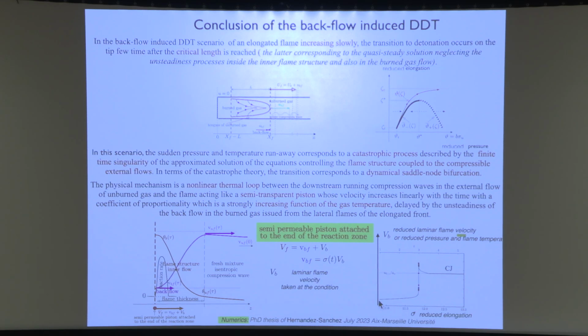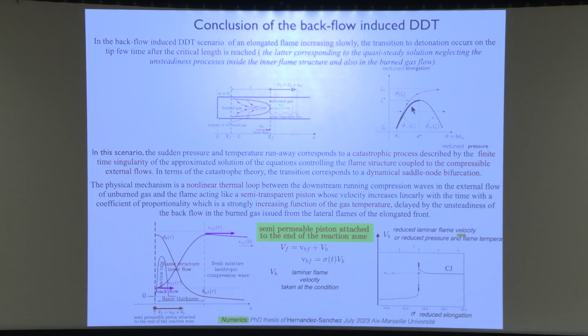This is the laminar flame speed, a reduced laminar flame velocity, or reduced pressure. It is the same. So for a long time, he is following this. He starts not very far, and starts from here. You see, he stays close, as predicted by this.